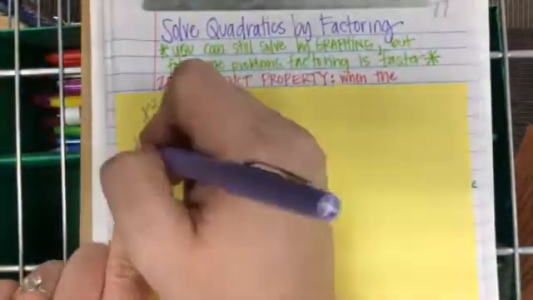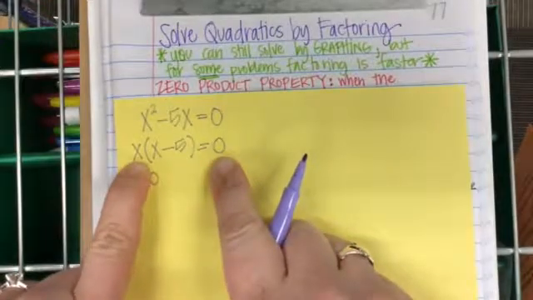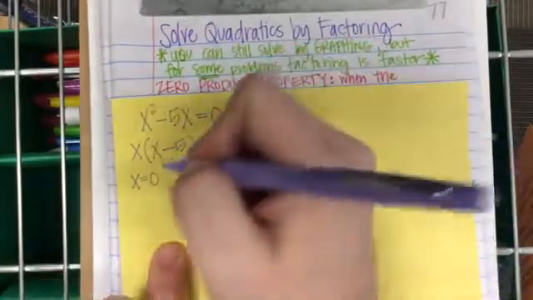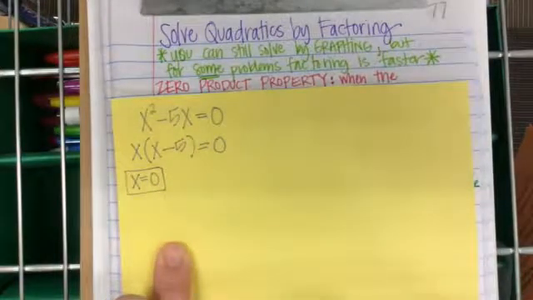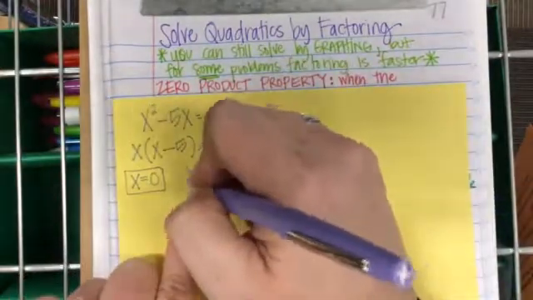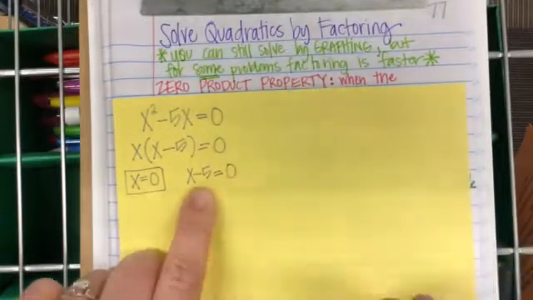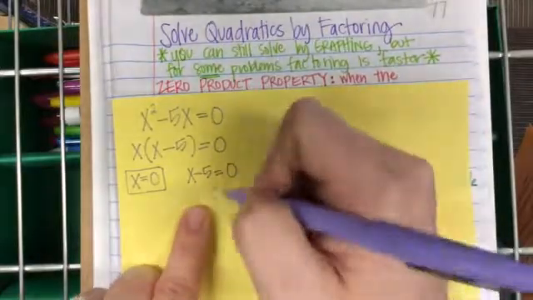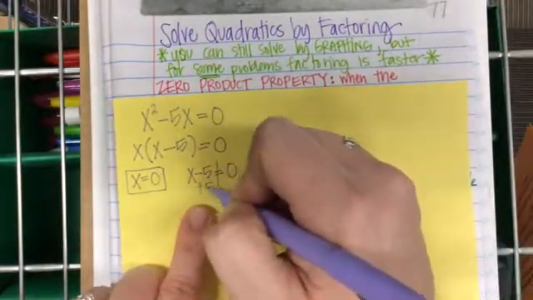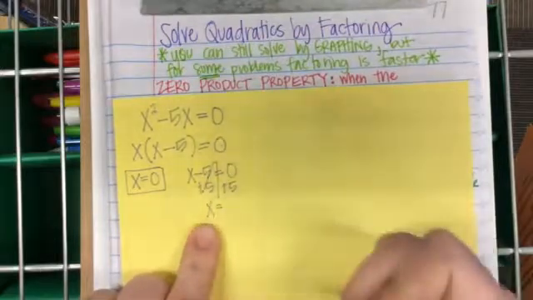My factors are X equals 0, which is just done, and X minus 5 equals 0. Oh, no, that's not what I wrote. X minus 5 equals 0, which is X equals what?